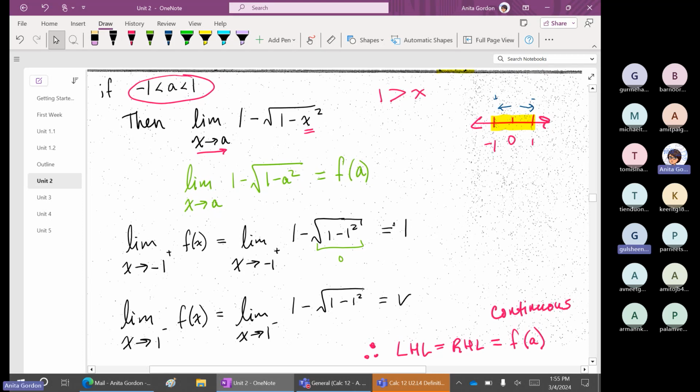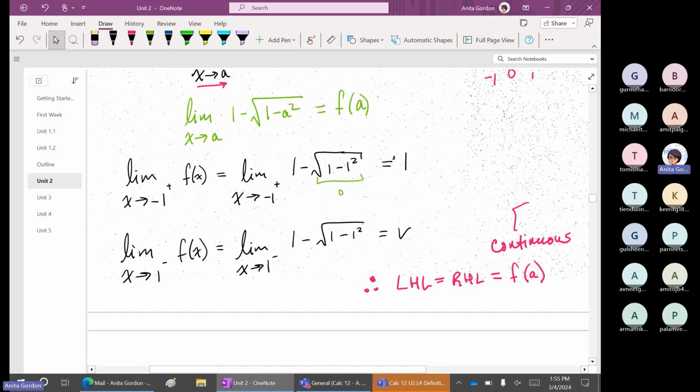So for any point within -1 and 1, I'm allowed to use direct substitution, since it is defined and will not violate the restriction. Then I test the endpoints. Usually the endpoints are continuous. So we have a function that is continuous on the interval.